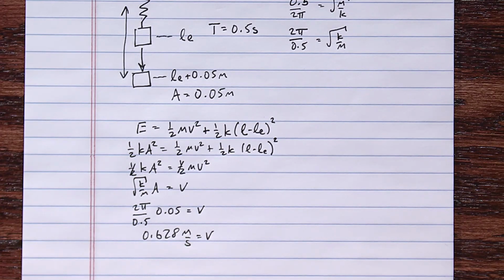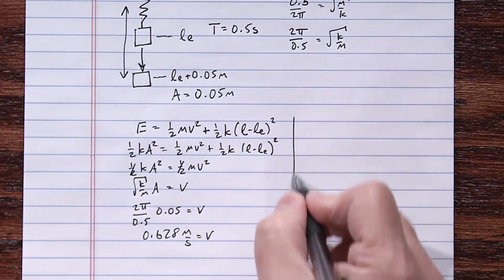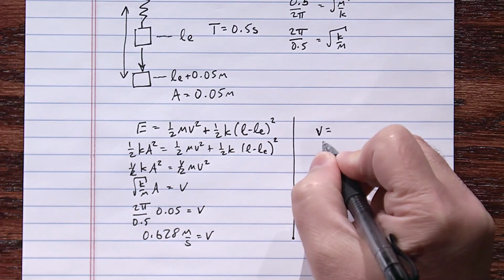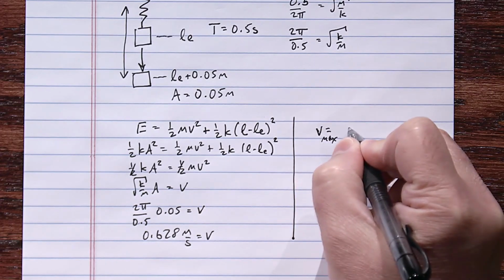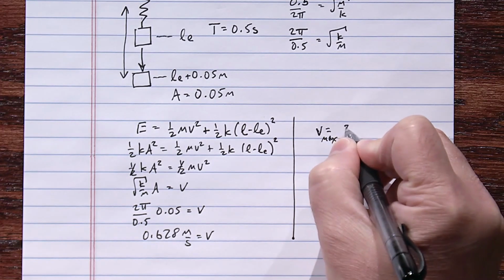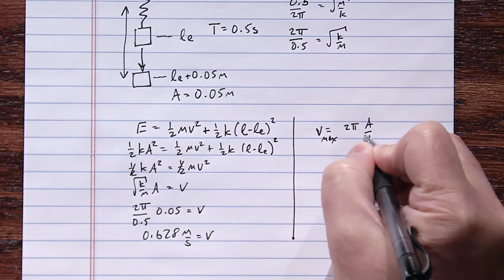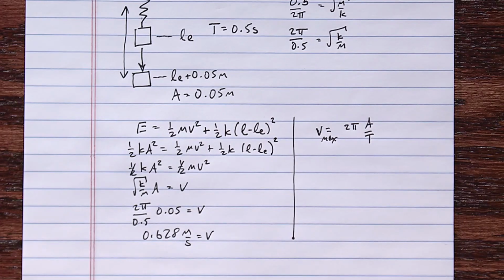And we know from our kinematic equations that V max is equal to 2 pi times the amplitude divided by the period.